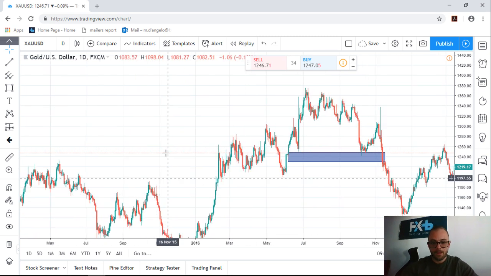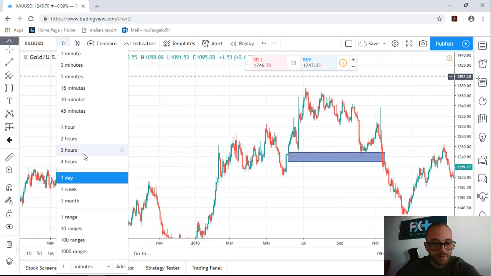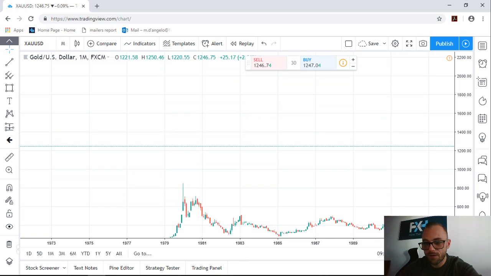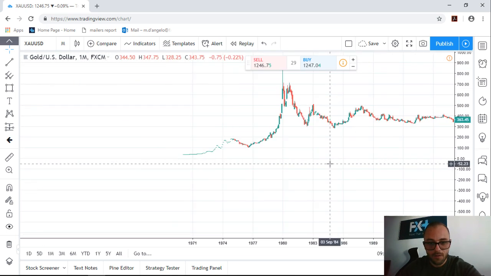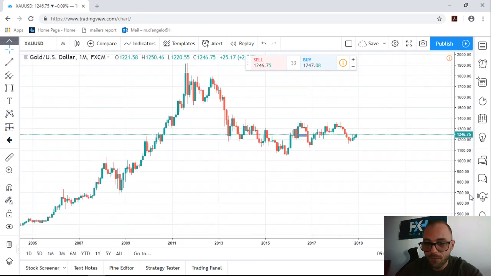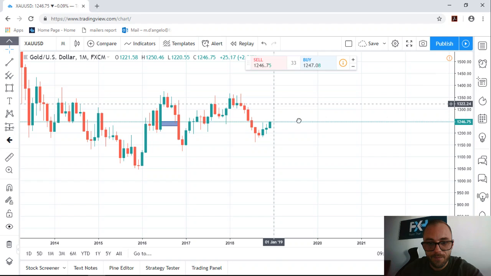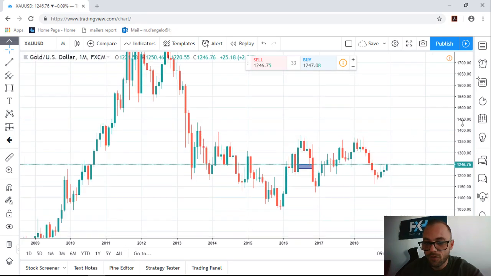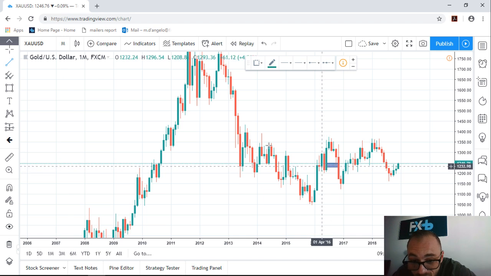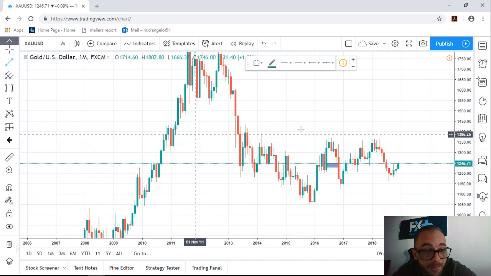So in this moment in time, if I go to monthly, a quick second. Beauty. So at this moment in time, that's where I wanted to place my trade, right? So if I'm going to monthly, we already know that in this moment in time the market was here.